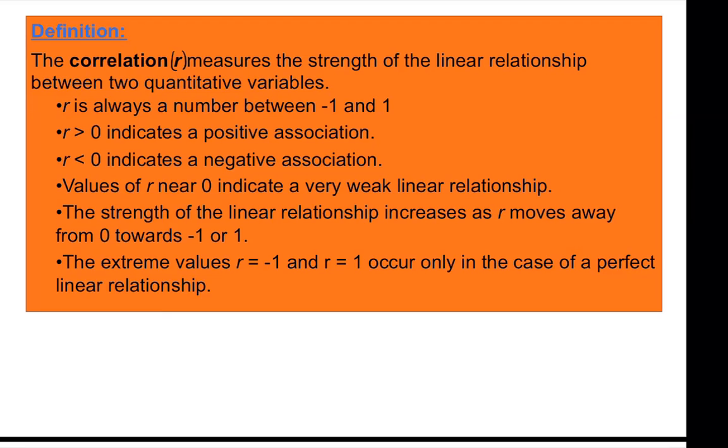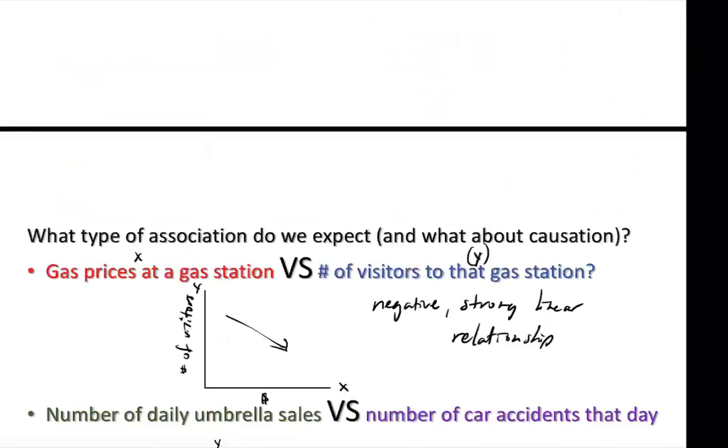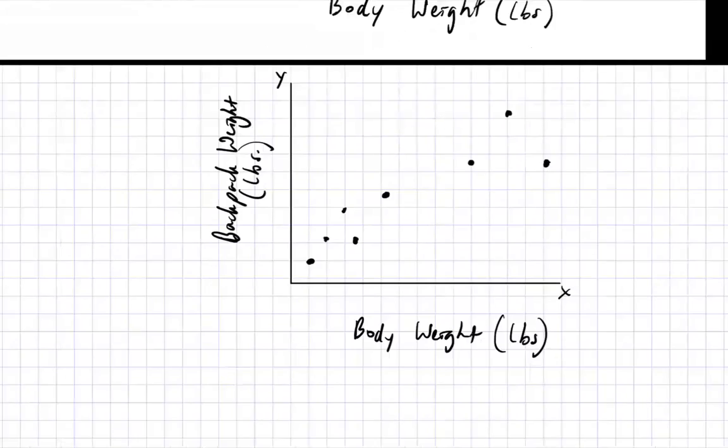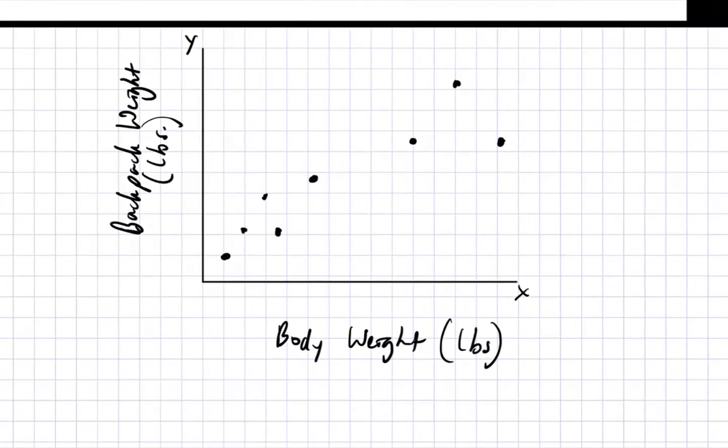If R is positive, anything above 0 to 1, that's a positive association or correlation. This one would have a positive R value because we said it was a positive, moderate linear relationship.